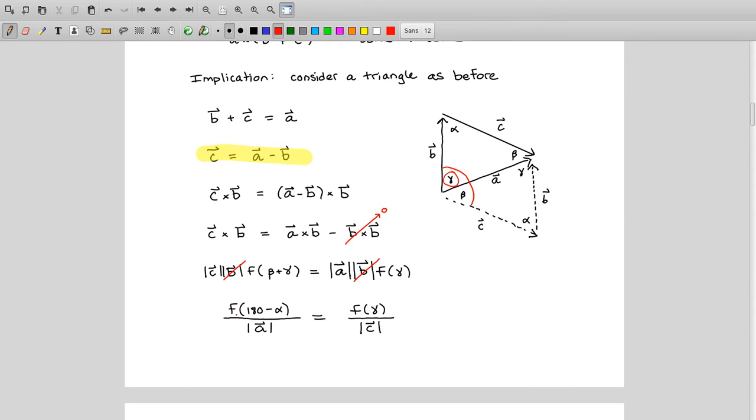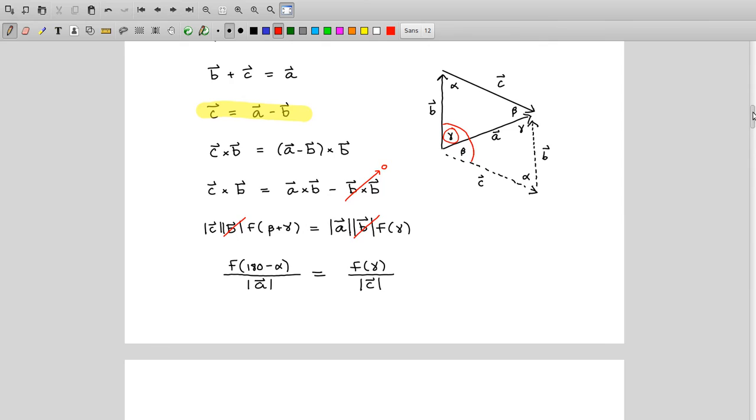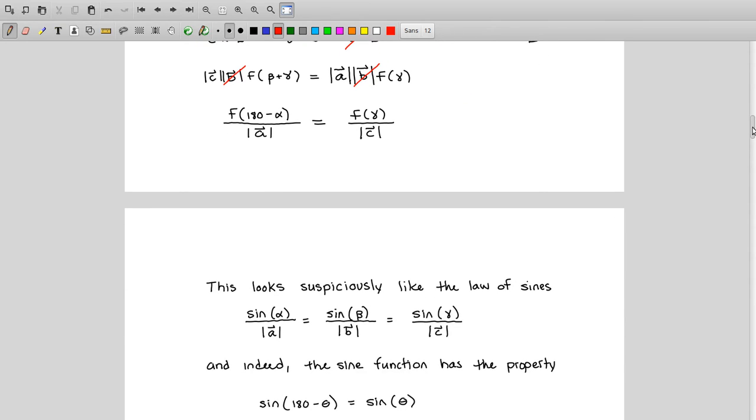So what we're left with, if we cross out the b's and divide both sides by magnitude a, magnitude c, is f of 180 minus alpha over the magnitude of a equals f of gamma over magnitude c. Now this looks kind of familiar. This looks kind of like the law of sines. So we would be wanting to find a function f that satisfies this relationship for any pair of sides in the triangle.